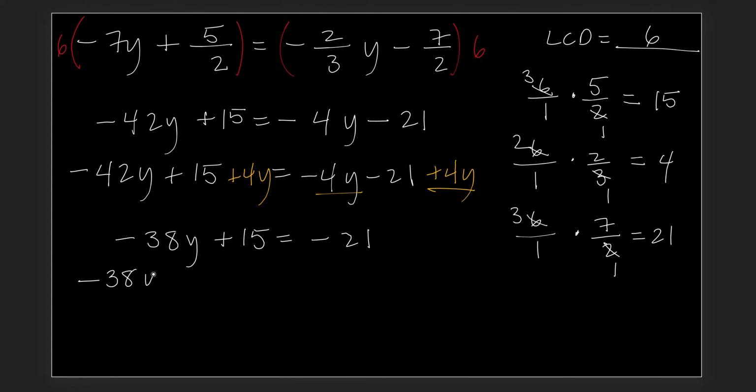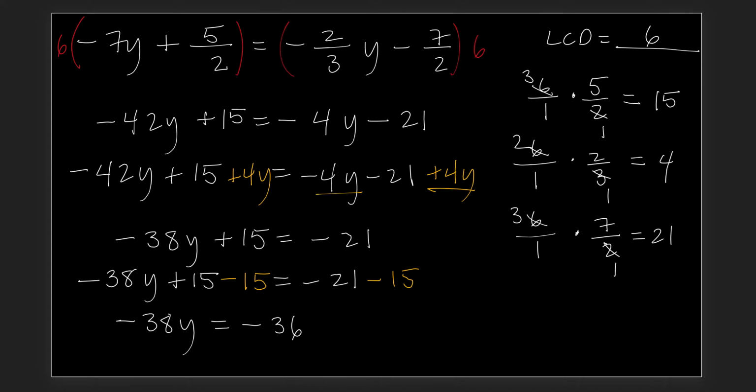So negative 38y plus 15 equals negative 21. And so what I can do is subtract 15 to make that disappear from the left and appear on the right side. But I'm going to go ahead and combine it with the negative 21. So over here we have negative 38y equals negative 36.